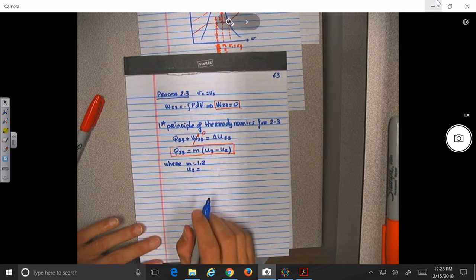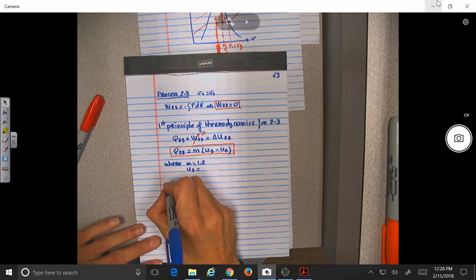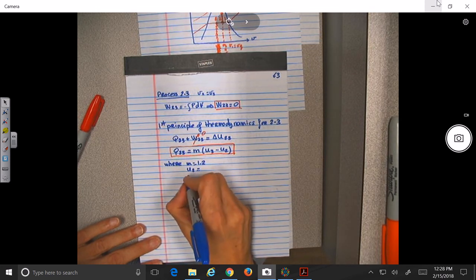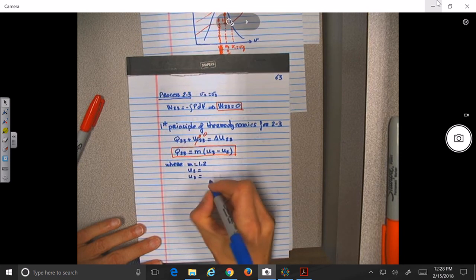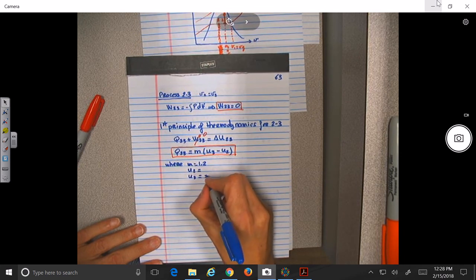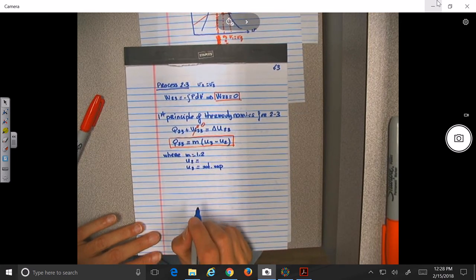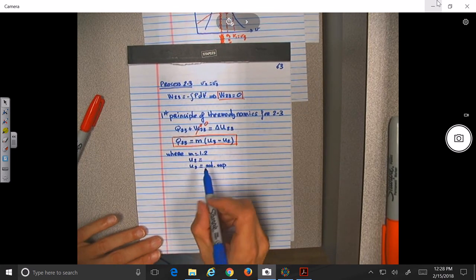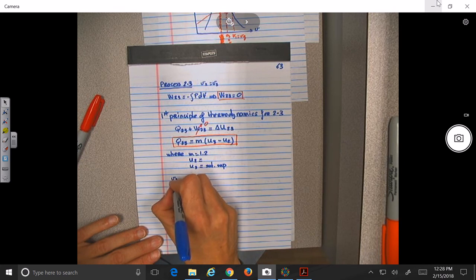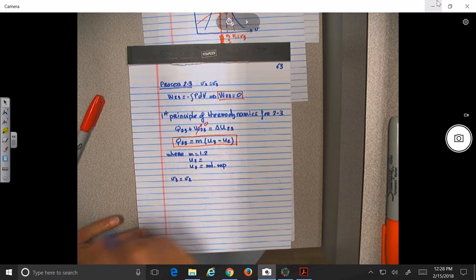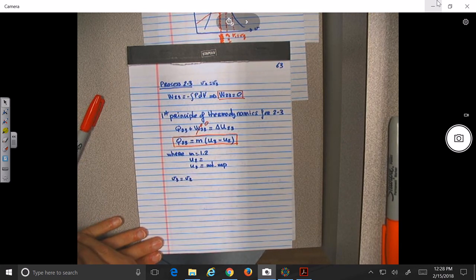So basically here, guys, what I think you need to do is this, okay? In order to find U3. So U3, you know, is saturated vapor, no? Okay? So, what else do you know? You know that V3 will be equal to V2, and that it will be saturated vapor.